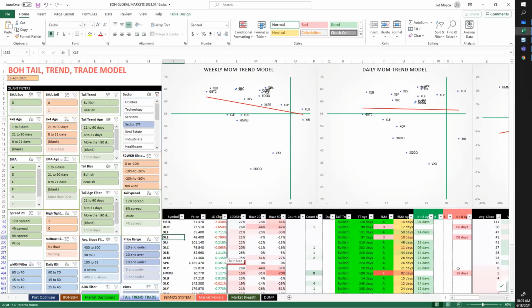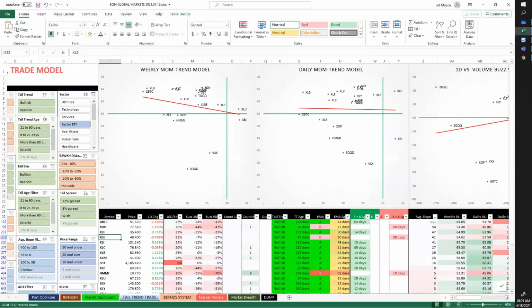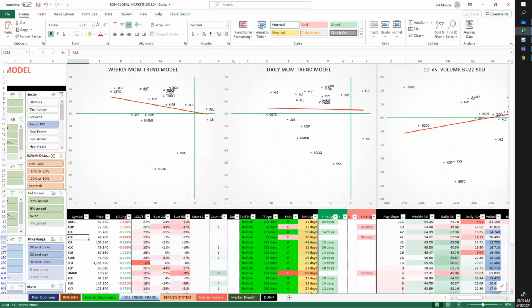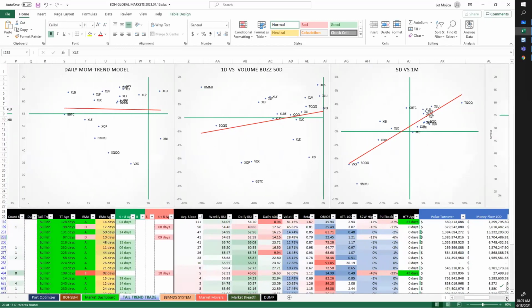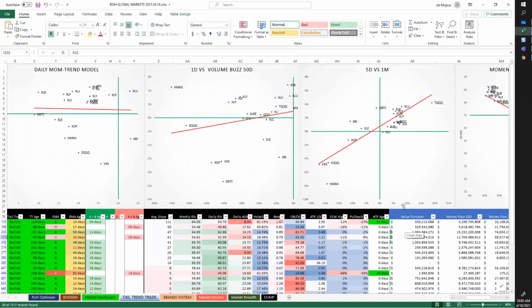But in terms of yung 5 days versus 1 month momentum model mo, makikita mo, they started to lag. Isang buwan na silang naglalag compared to the others that are doing well on a 1 month momentum basis. So XLE and XOP are lagging.